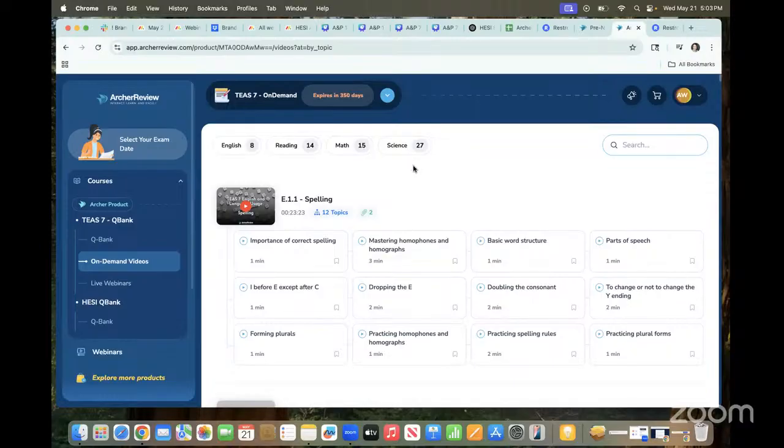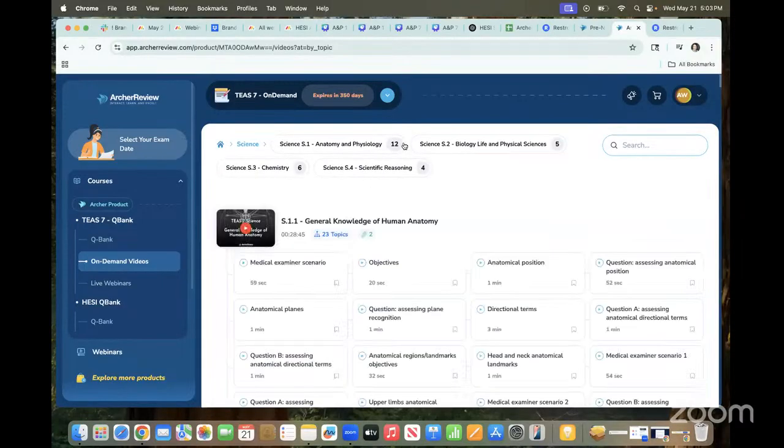So let's say tonight in anatomy, with our test prep that we're going to have here in the next hour, you do a good job of keeping track of the topics you're really good at, and the topics where you think, I forgot about that content, maybe I need to do a deeper dive into those areas. When you click into science, you'll see that we've got 4 major categories: A&P, biology, some physical chemistry, and scientific reasoning. Now I said tonight we're doing A&P, so let's just use that for our example.